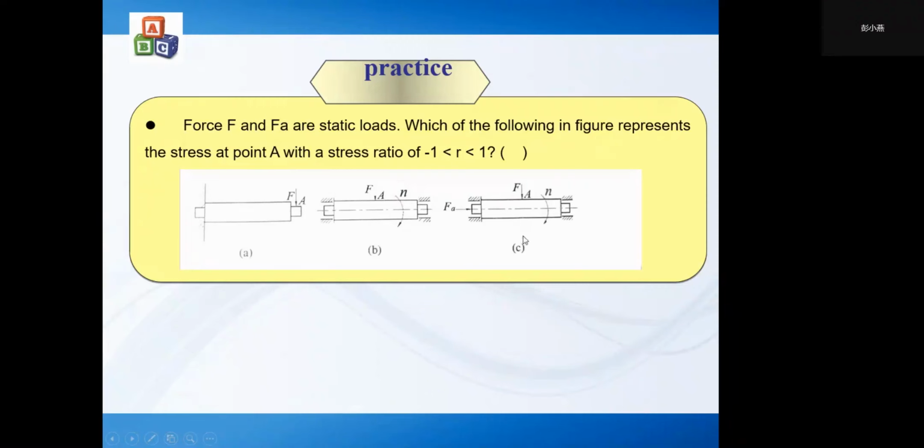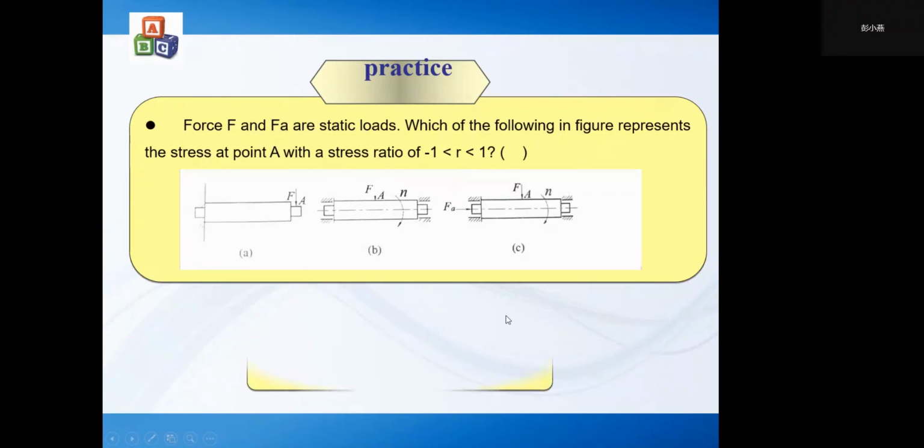And for C, an axial load is applied to the rotating shaft loaded in bending, and the stress is a fluctuating stress.